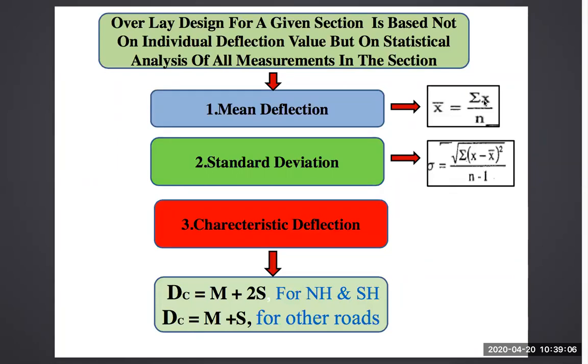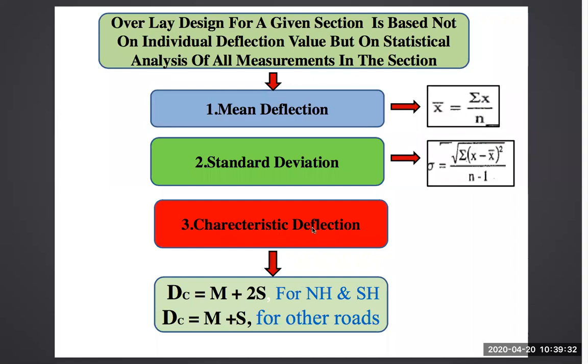This X is the integration of all these 3 deflection values. This is a true deflection, and these are the number of tests you conduct in the field. Is it clear? Yes, sir, it's clear.